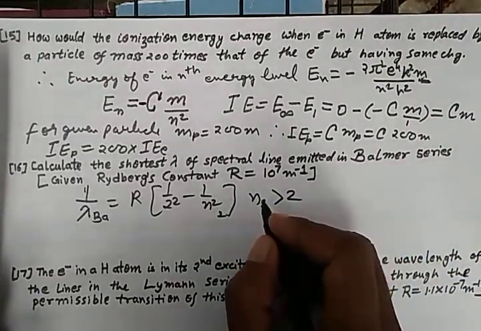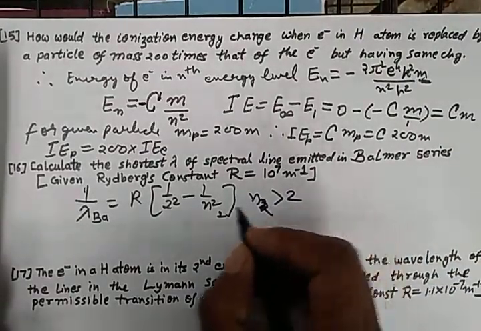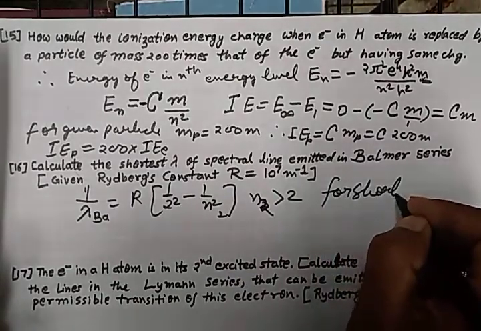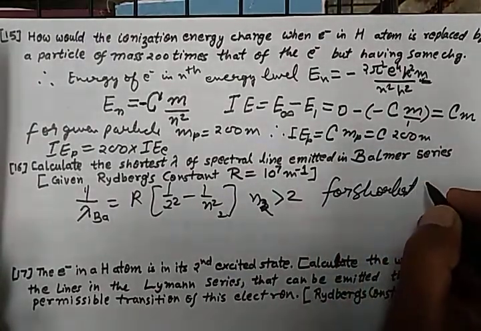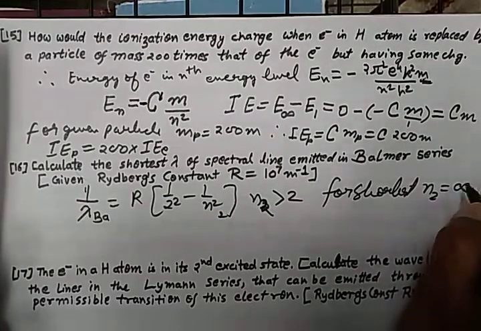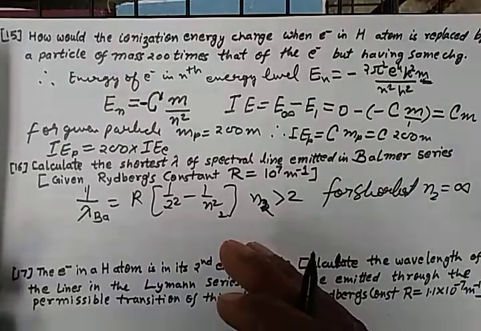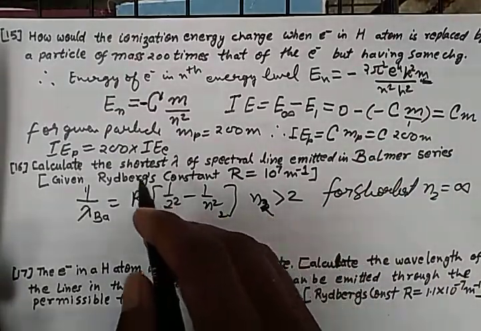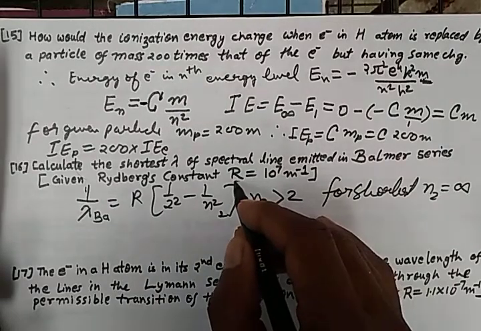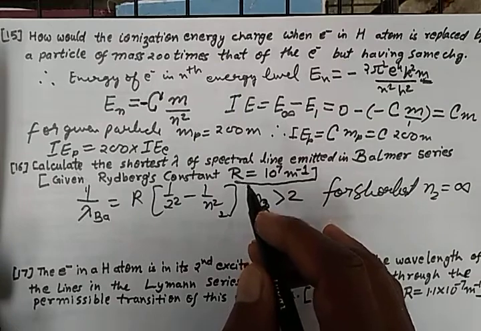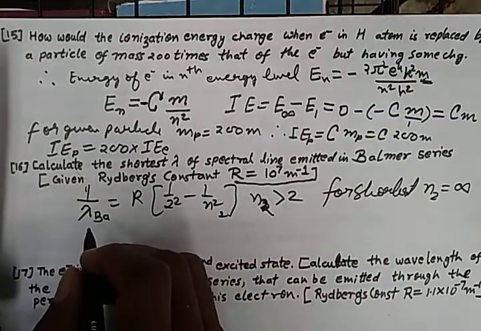For the shortest wavelength, this n2 is equal to infinite. Why? I have cleared this earlier. And see, this time they have given the value of the Rydberg constant, so you have to put this, nothing else.